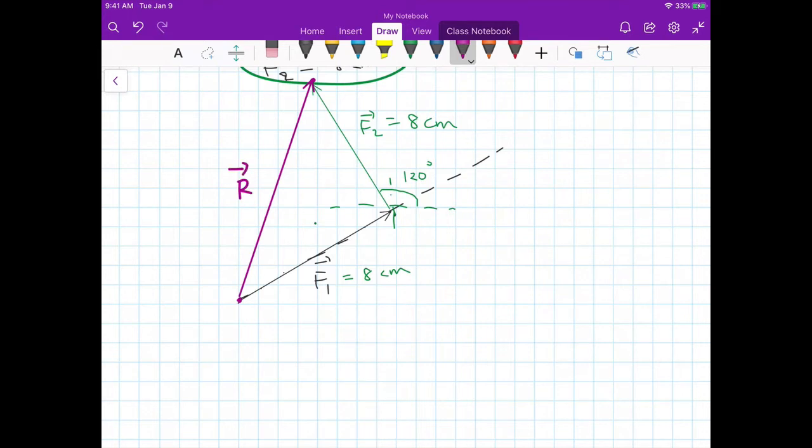Then measure the length of R. Okay, so once you do this, what you will do is measure the length of R, the line, that's what I mean, using your ruler.